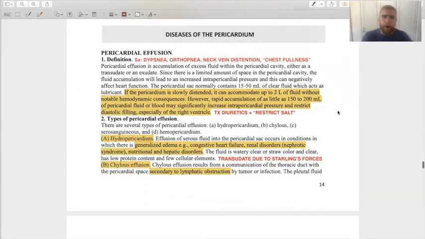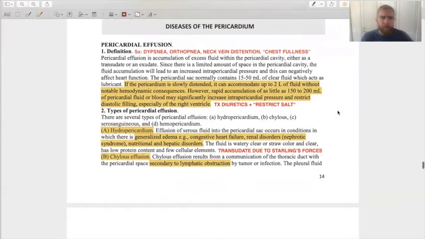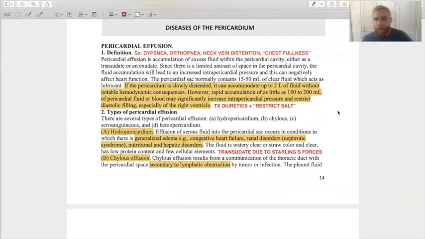So let's get into pericardial diseases. This is a bit of a challenging taxonomy, because within the text it lays out pericardial effusion, acute pericarditis, and chronic pericarditis. And what I want you to know right off the bat is that the mechanism in all of those is exactly the same. It's an inflammation of the pericardium.